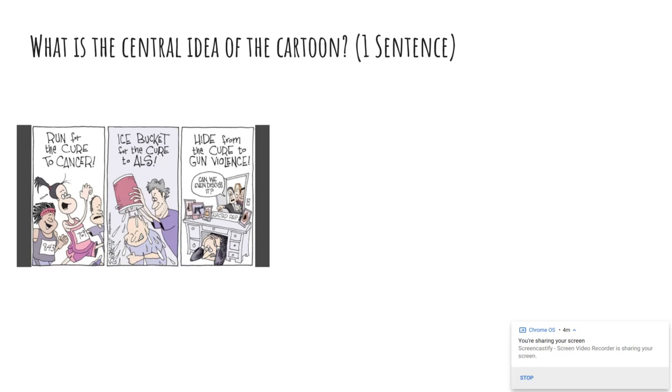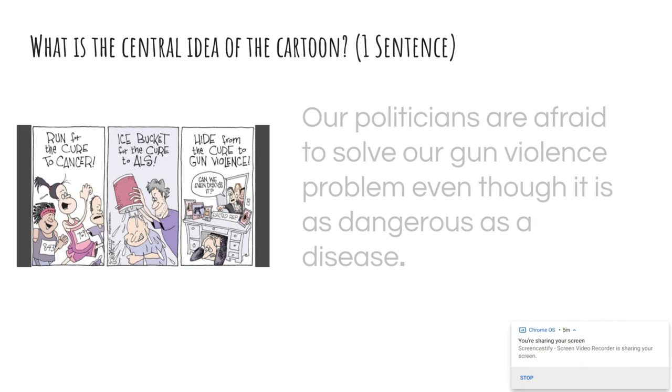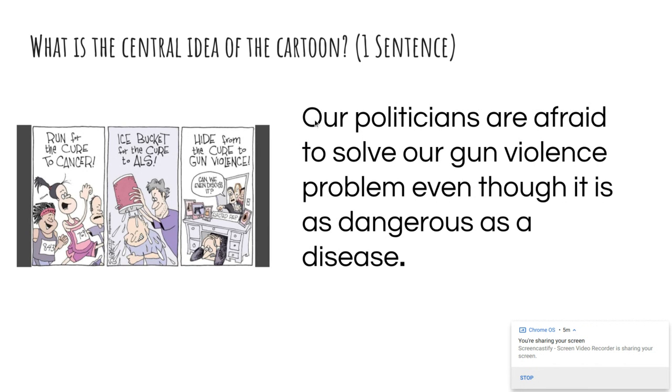So I want to know, what is the central idea of the cartoon? Well, I'm seeing in these 2 boxes that people are trying to fight to cure a disease. So they're curing cancer, they're curing ALS, and it looks like they're actively participating in that. Here, I can see that the politician is not trying to cure gun violence. And I have to think about what I know in order to answer that. So I'm seeing that this is the central idea of the cartoon.